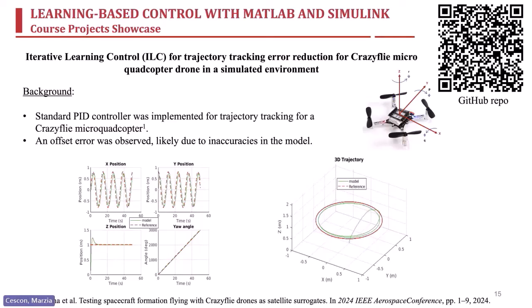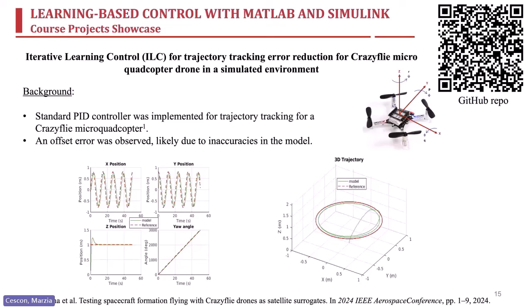So the second project that I want to showcase is the use of iterative learning control for the trajectory tracking error reduction of a micro quadcopter. Again, here on the right you have the QR code to the GitHub repository link. The background was a previous work from my lab, referenced here below, in which we considered a standard PID controller implemented for trajectory tracking of satellite orbits.